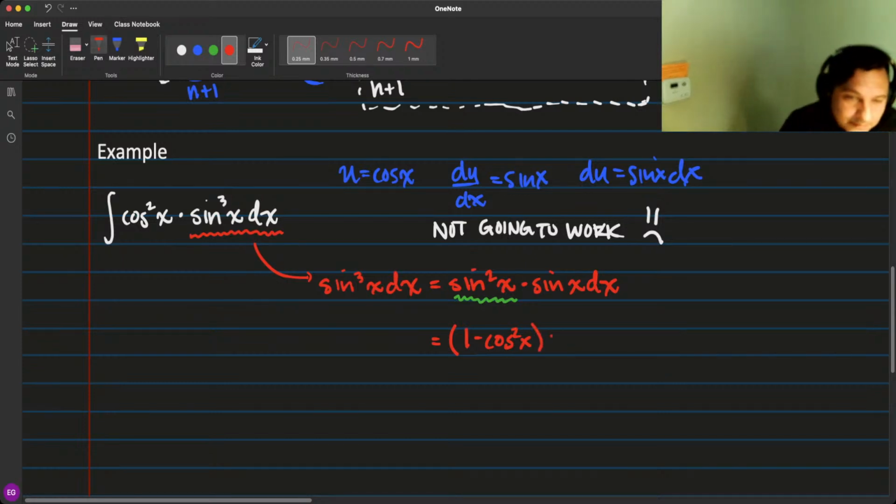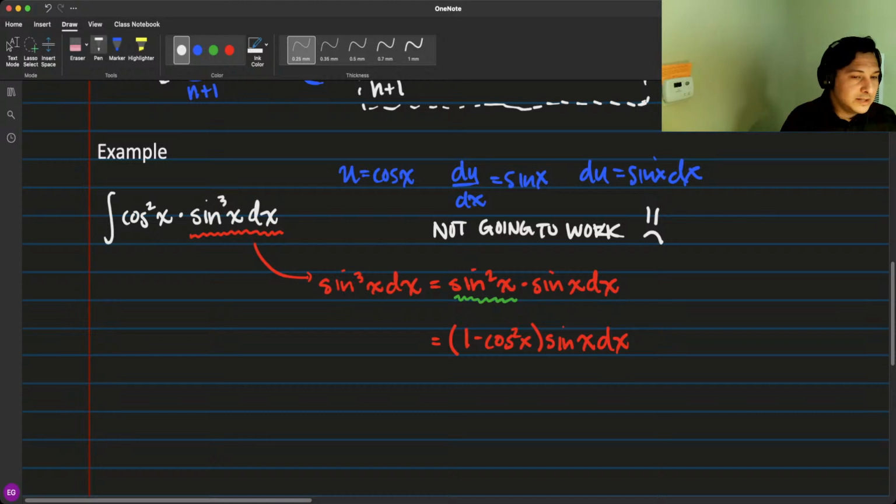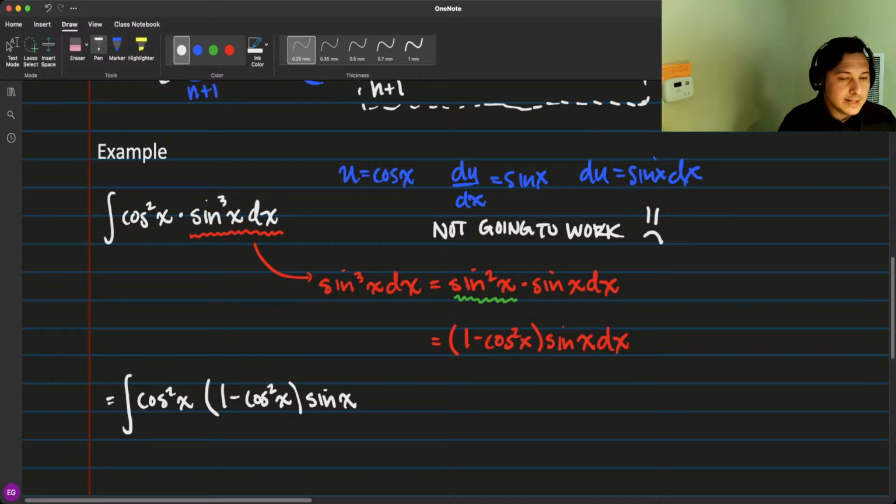So let's rewrite this integral. You get the integral of cosine squared x times 1 minus cosine squared x, times sine x dx.